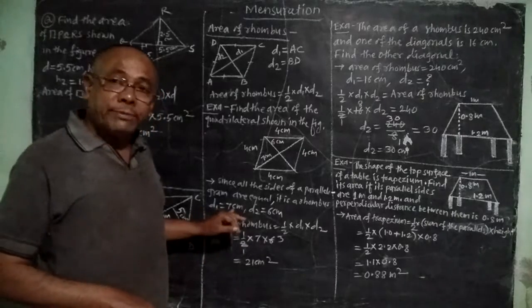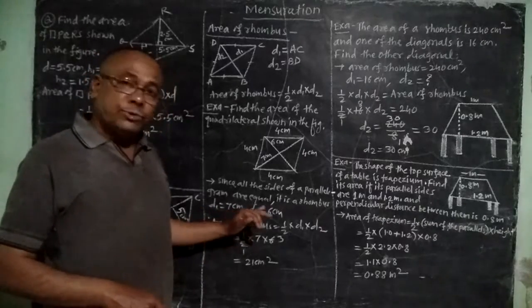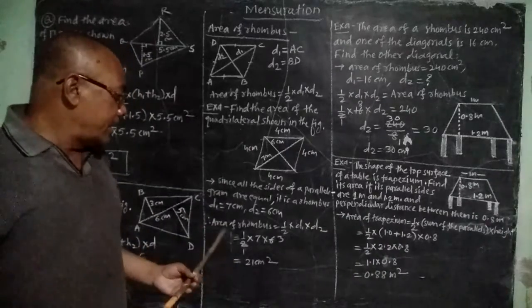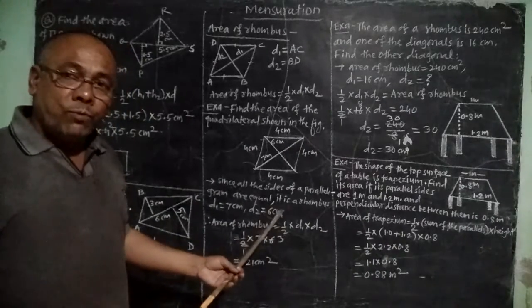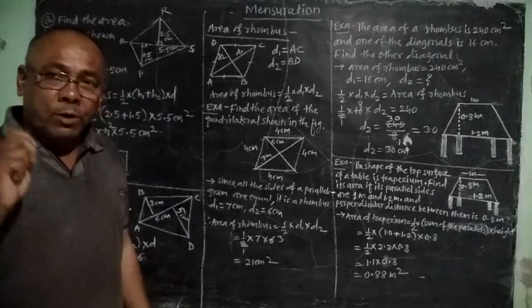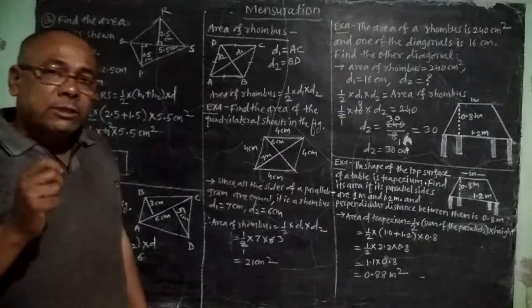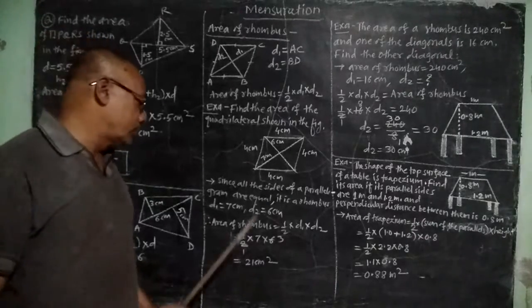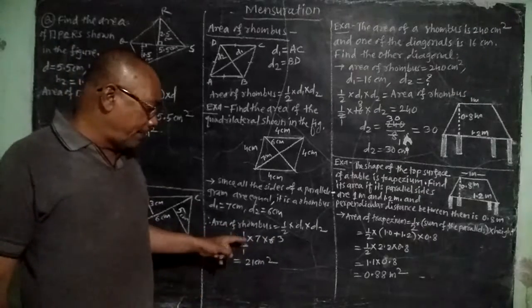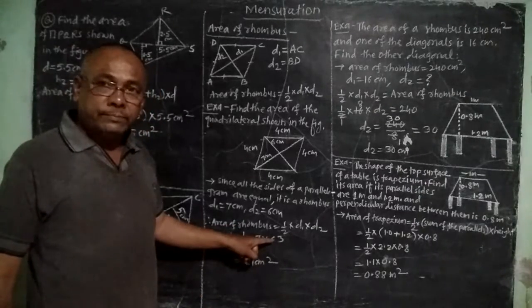Here D1 is equal to 7 centimeter, D2 is equal to 6 centimeter, and then we can write area of rhombus is equal to 1/2 into D1 into D2. We must write the formula first and then substitute the corresponding values. We get area of the rhombus is equal to 1/2 into 7 into 6.